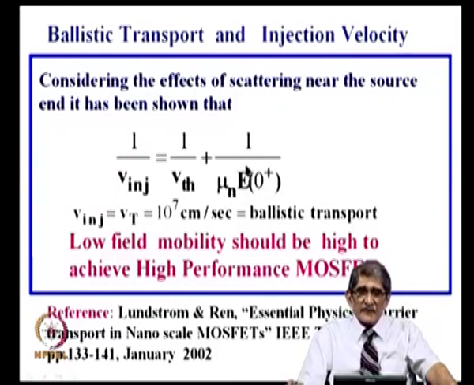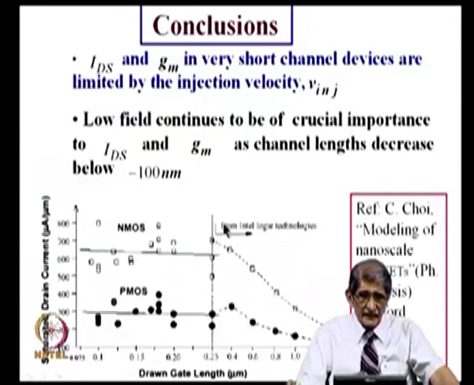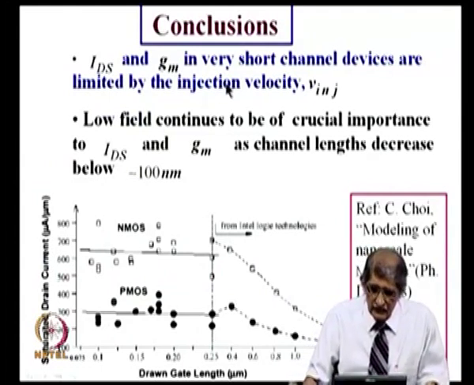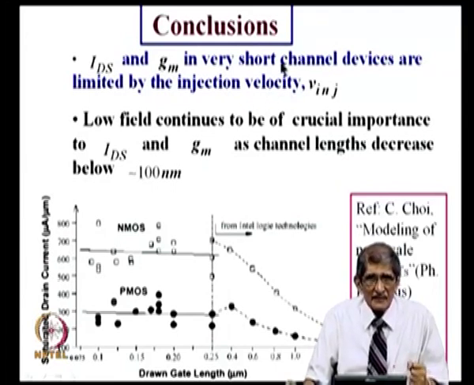But if the mobility is low, then it will be far below the saturation velocity. So, you can see that the saturation drain current that you get, in very short channel devices, is limited by the injection velocity, which is controlled by both saturation velocity or thermal velocity and the mobility.